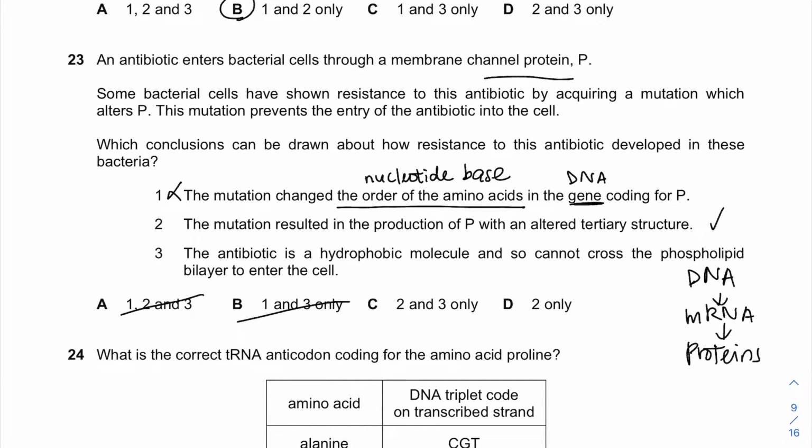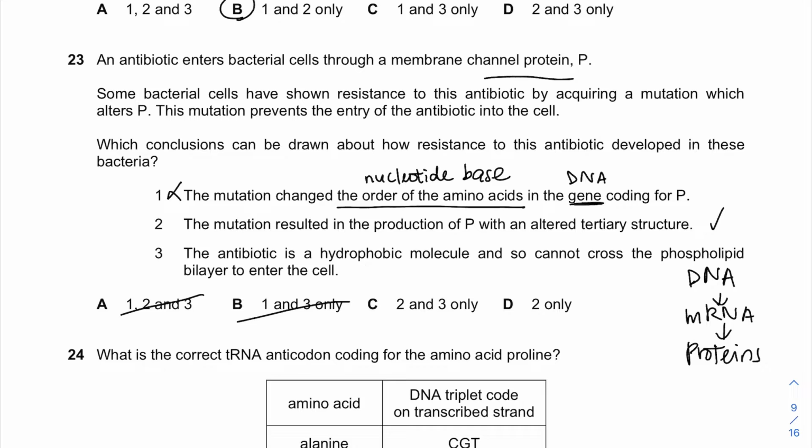Number 3, the antibiotic is a hydrophobic molecule and cannot cross the phospholipid bilayer to enter the cell. Well, that's why it needs the channel protein in the first place. Regardless of whether the bacteria develops resistance or not, it doesn't matter.